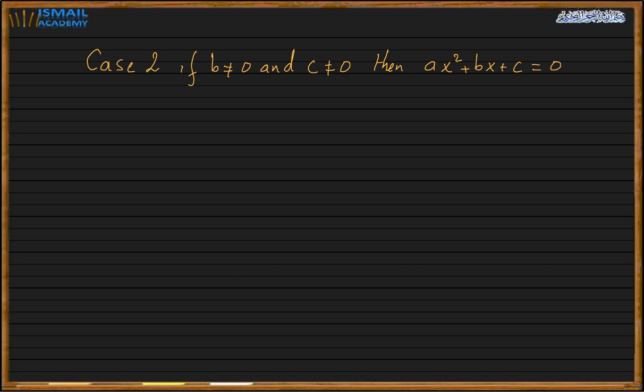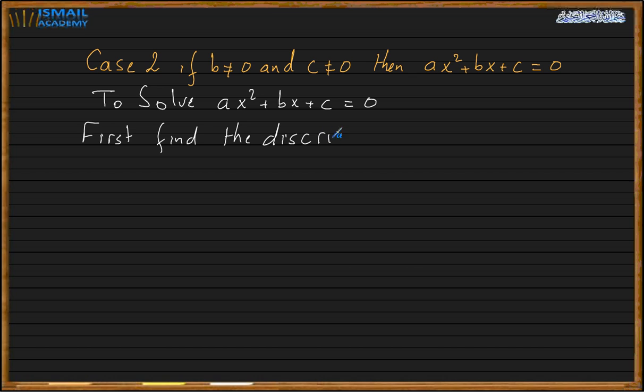So to solve ax squared plus bx plus c equals 0, first find the discriminant of ax squared plus bx plus c.